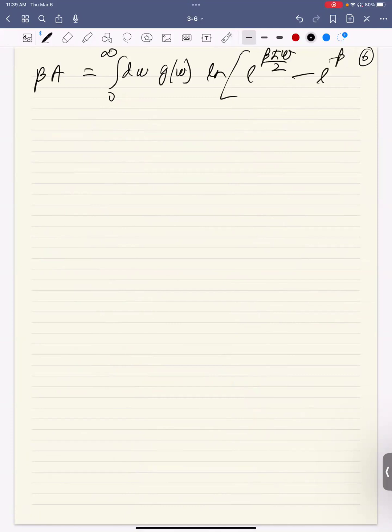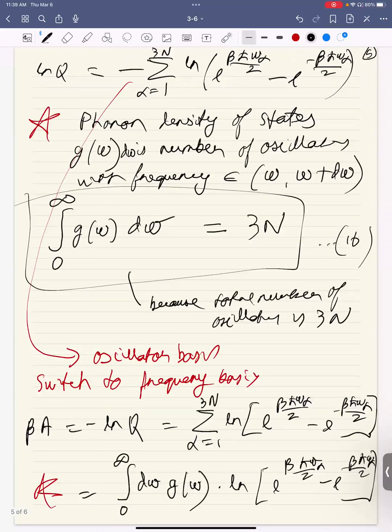So in other words, beta A is the integral from 0 to infinity of d omega g of omega ln of e to the power beta h cut omega by 2 minus e to the power minus beta h cut omega by 2. Wait, where did the minus sign go? Because I'm writing beta A and not minus beta A. And the other mistake I made here is that this is not omega alpha.